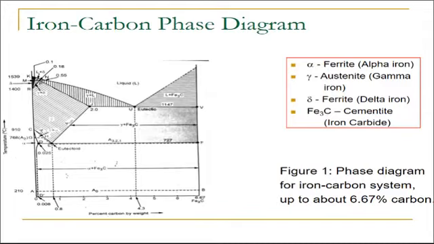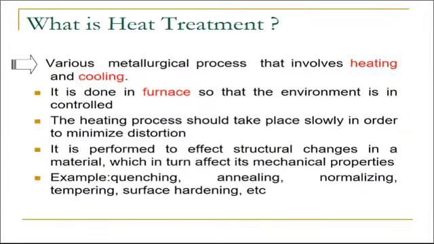Let us start with heat treatment of steels. What is heat treatment? Generally, it covers various metallurgical processes that involve heating and cooling of steels, and generally heating is done in a furnace so that the environment is in controlled condition.